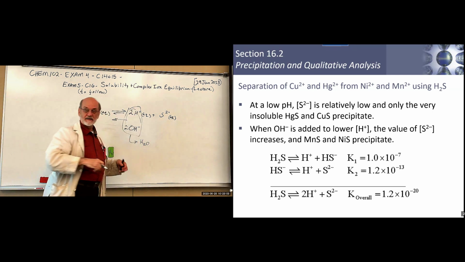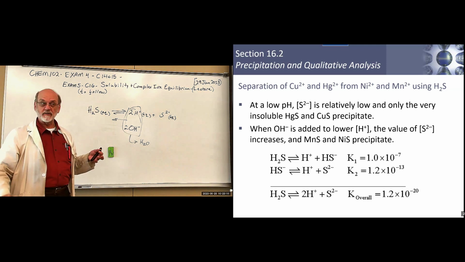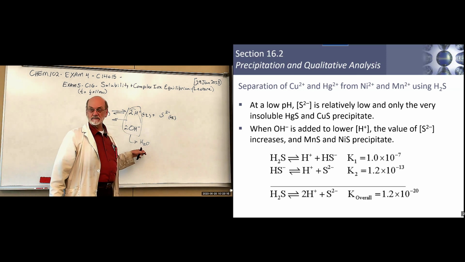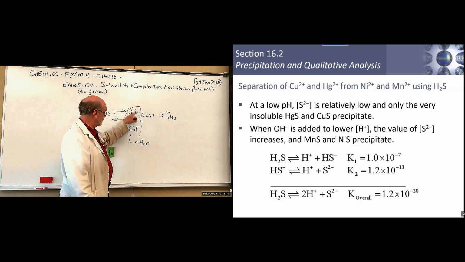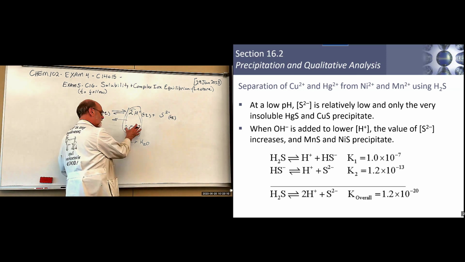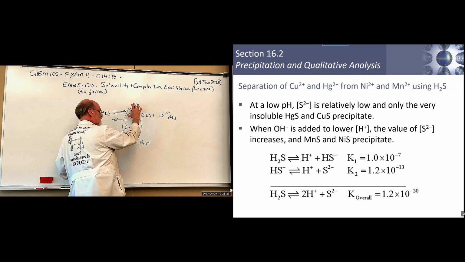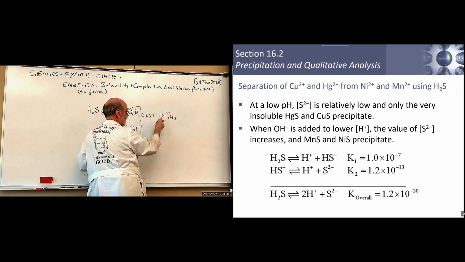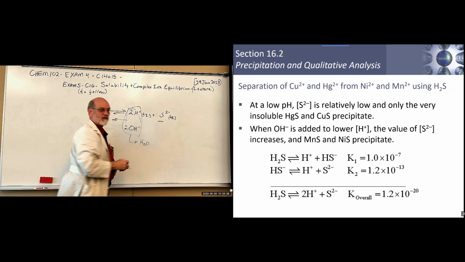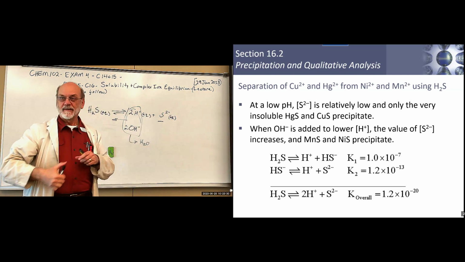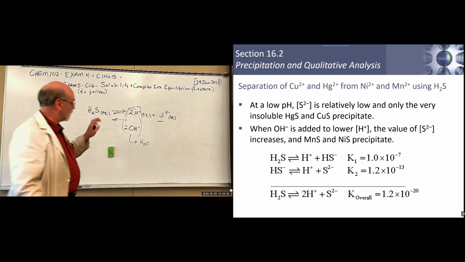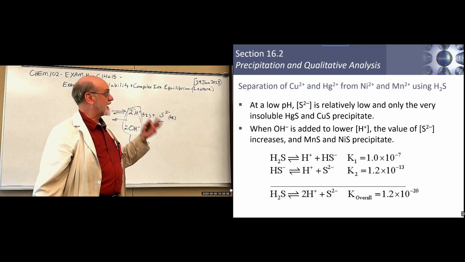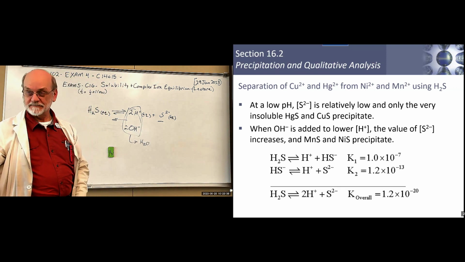We know that 10 to the minus 14th is the equilibrium constant for water, which means it's mostly water, right? It's going to water and have very little of this. So when you add hydroxyls there, it's going to pick up those hydrogens, make water, and drive the reaction this way and produce a lot more of that. Okay. Now that we've got more of this, then we can precipitate out the others, the manganese and the nickel.